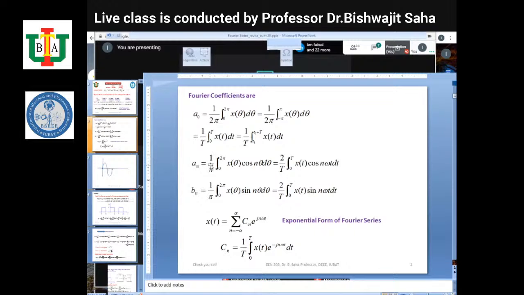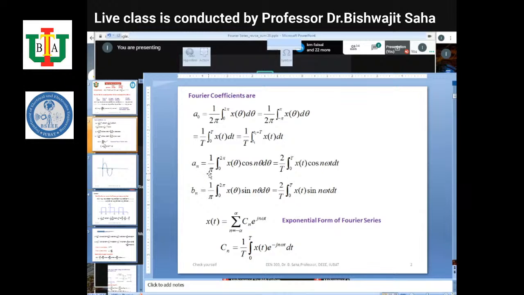Here, in case of full cycle, it is 1 over pi. Then if the limit is half cycle, then the front coefficient will be again half, right? So 2 by pi. Everybody clear?